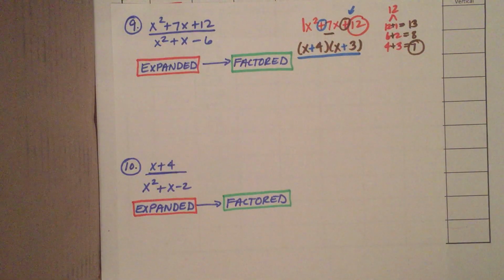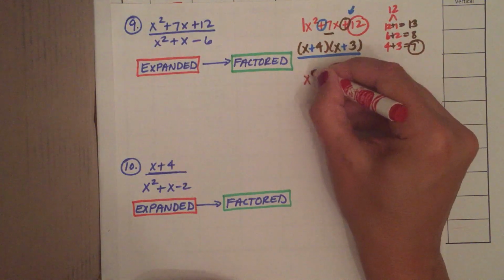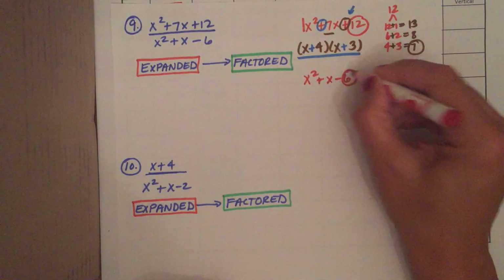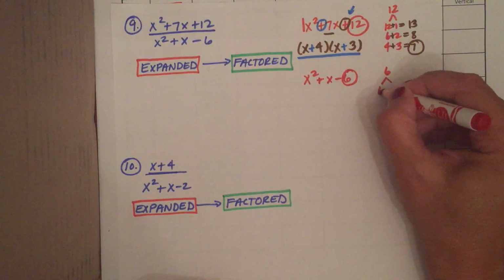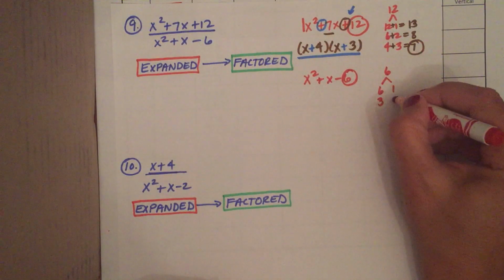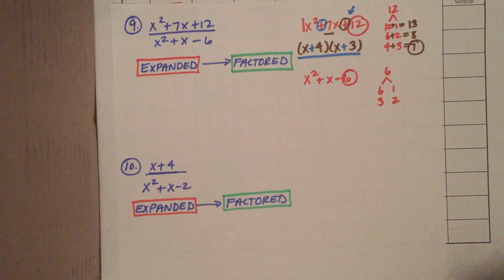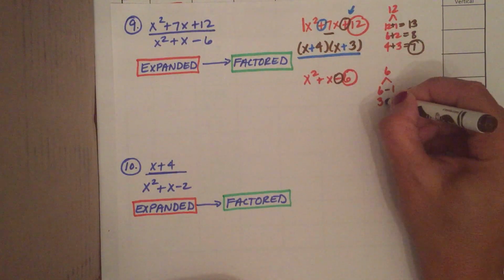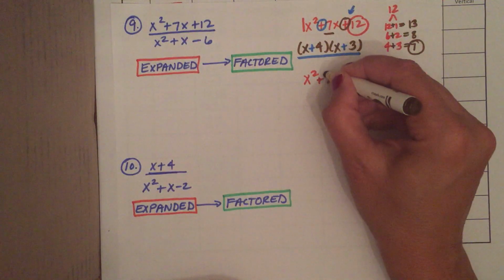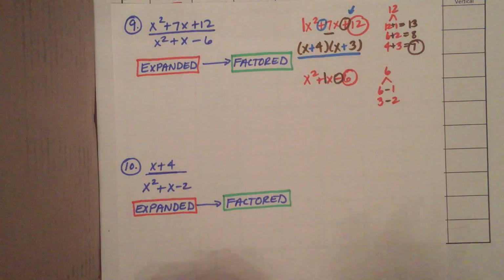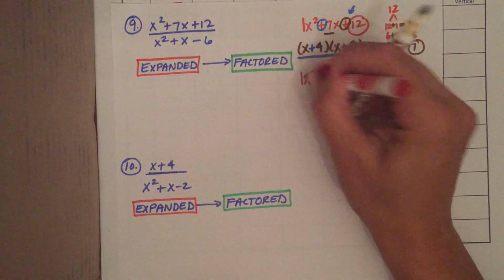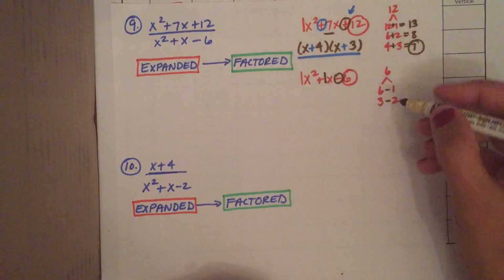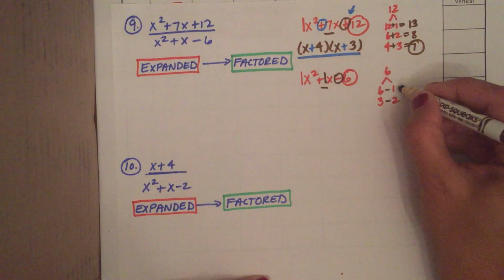So now let's look at the denominator. The denominator is x squared plus x minus 6. So I'm going to take my C term, the 6, and factor it. I'm going to look at the sign of my C term, which is negative, which means I'm going to be subtracting. And I'm going to be looking for 1. And once again, I didn't do A times C. We're doing simple examples right now, so we don't have to multiply A times C. I need something that's going to give me 1.